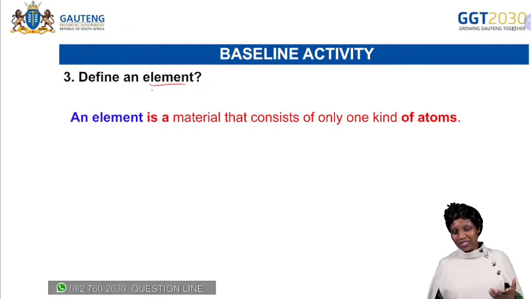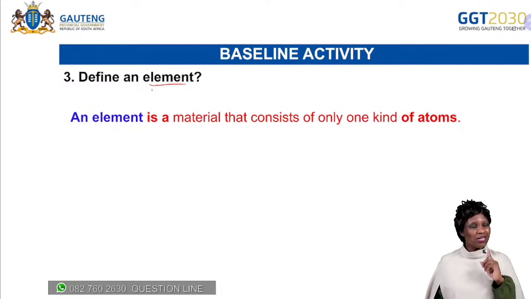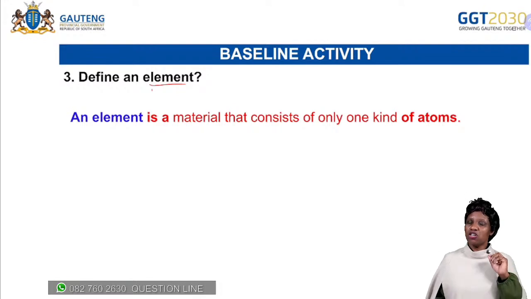And then the elements consist of only one kind of atoms. An element consists of only one kind of atoms. And then grade 8, you are supposed to memorize the first 20 elements. Just check your periodic table of elements and memorize the first 20.